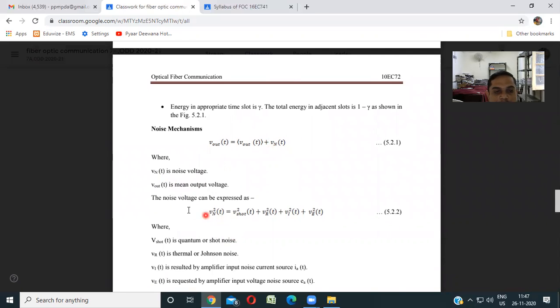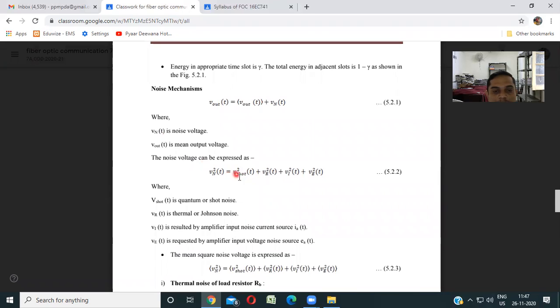Noise voltage can again be expressed as shot noise, V short, then thermal noise or Johnson noise, this is the VR. Then the amplifier input noise current IA of t, because of this bias resistor, we are getting the thermal noise. Because of IA of t, we are getting the voltage noise VI of t.